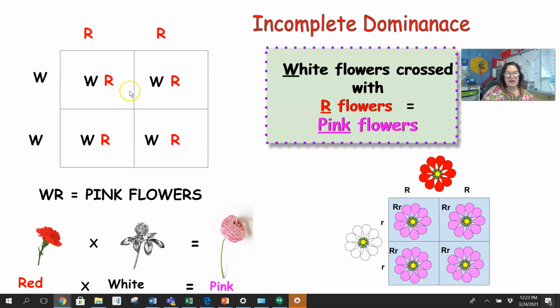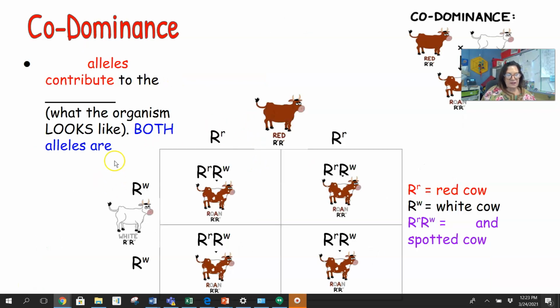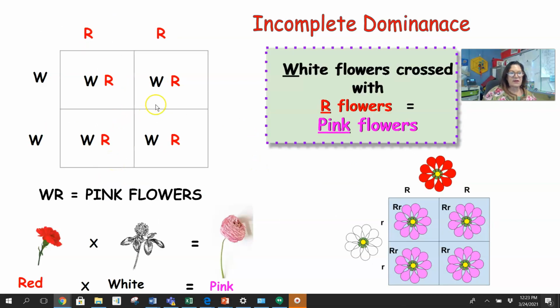We have here, this R comes down, the W comes down, the R comes down, the W comes down. So these were all red flowers, completely red flowers, and these are all white flowers.